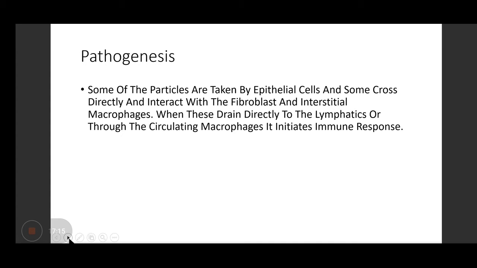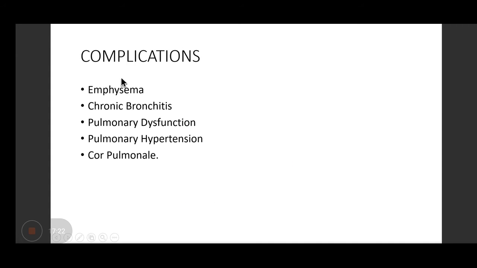This is just a brief pathogenesis. Complications of coal workers pneumoconiosis can lead to emphysema, chronic bronchitis, pulmonary dysfunction, hypertension, and cor pulmonale. So that was the case of pneumoconiosis.